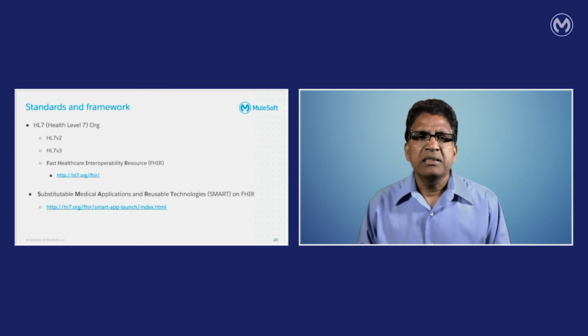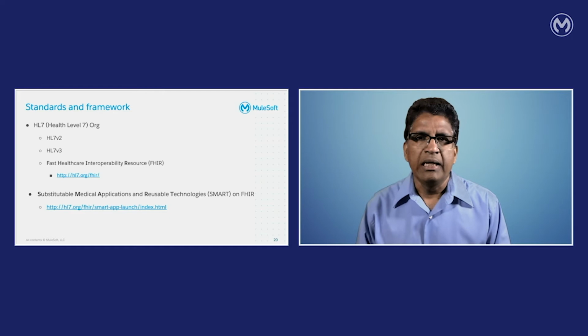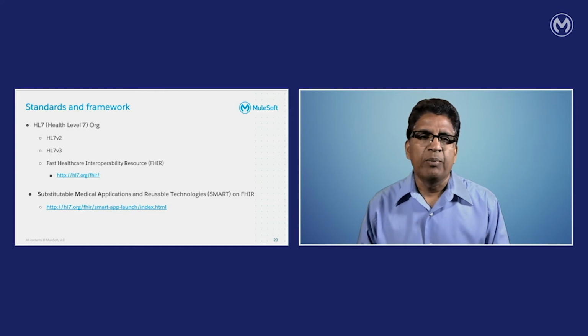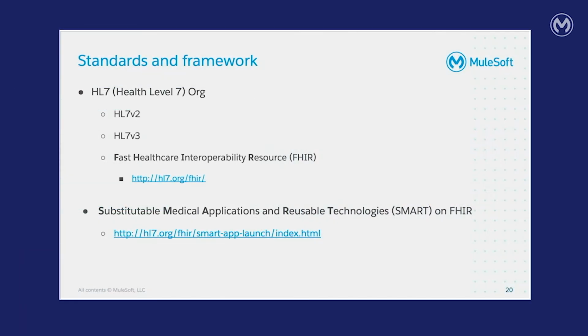So, the standards and frameworks. There are widely used standards developed by the HL7 organization, where leaders from different healthcare industries all joined together and came up with HL7 standards.